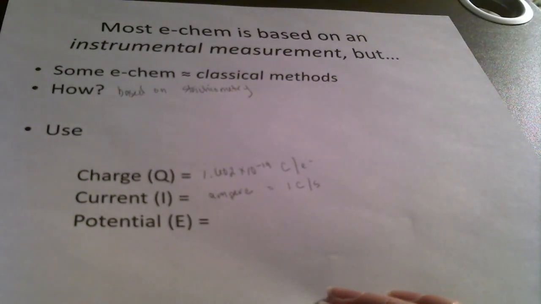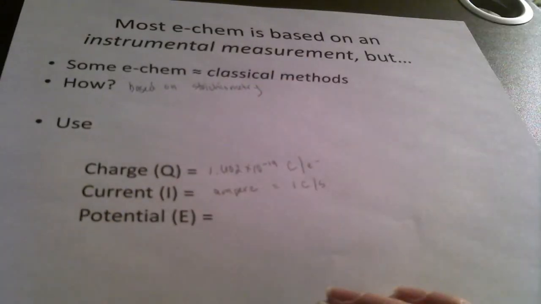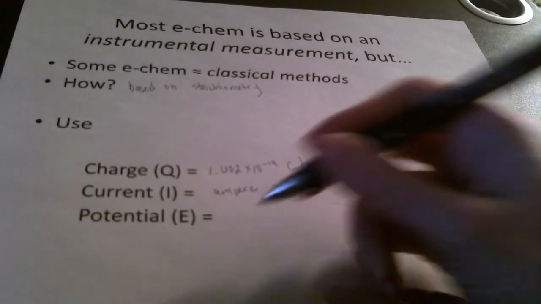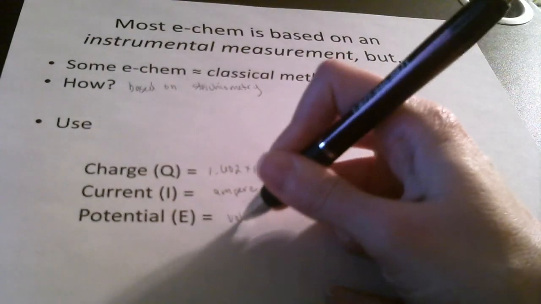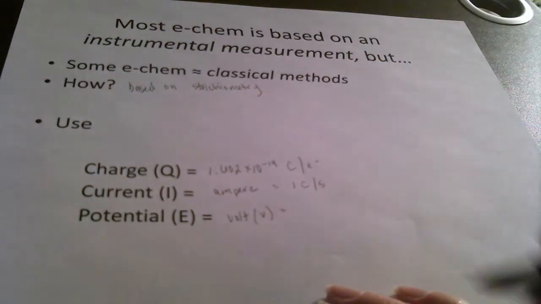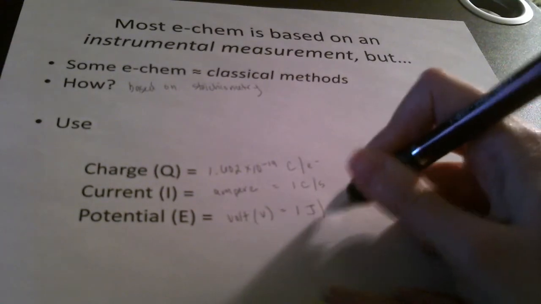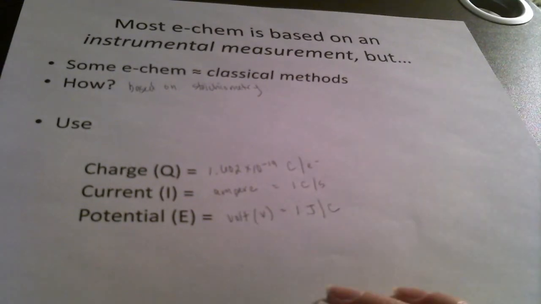And the third way that we can relate the moles of electrons to our stoichiometry is to measure potential. Potential refers to the potential energy per charge, and that's measured in volts. So 1 volt is equivalent to 1 joule per coulomb.